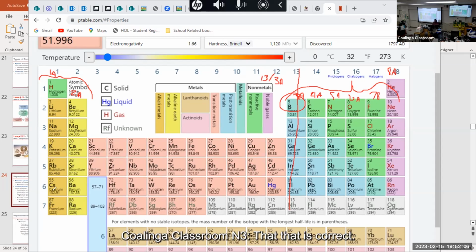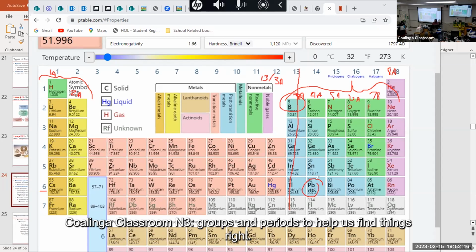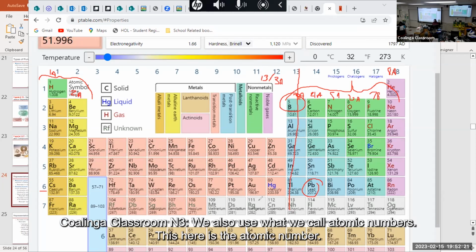Lead, that is correct. Okay, so period 6, group 14. We use these groups and periods to help us find things, right? We also use what we call atomic numbers. This here is the atomic number.